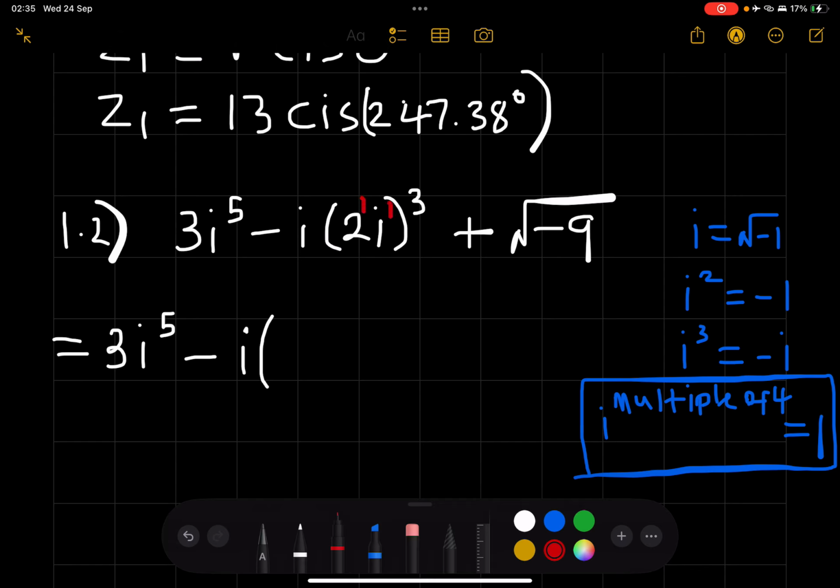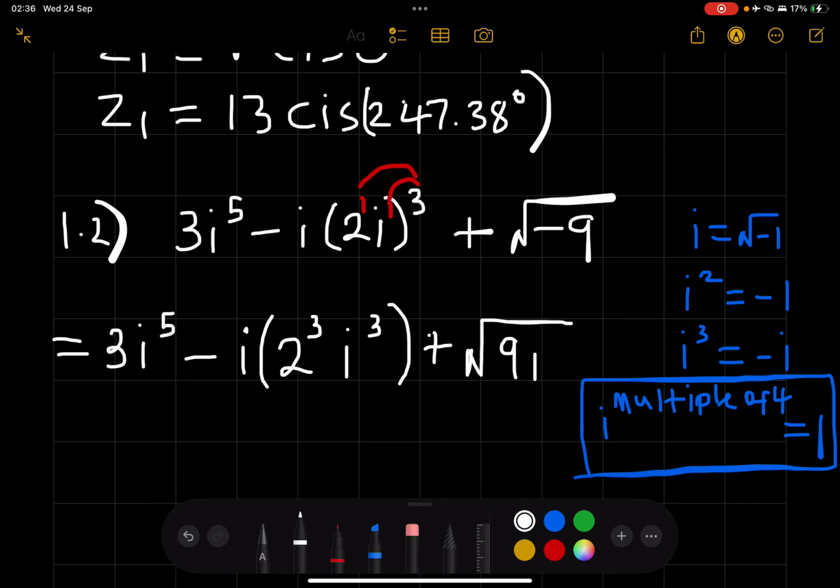So we have 2 to the power 1 and i to the power 1. So the inside and outside exponents will multiply. So I have 2 to the power 3 because 1 times 3 is 3. Then I also have i to the power of 3. Then I close my bracket and then plus, here I'm going to have the square root of 9i.